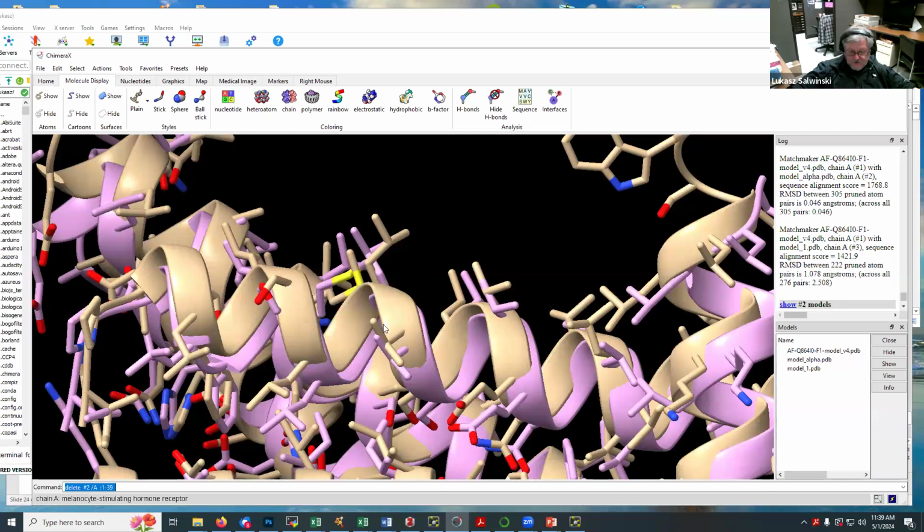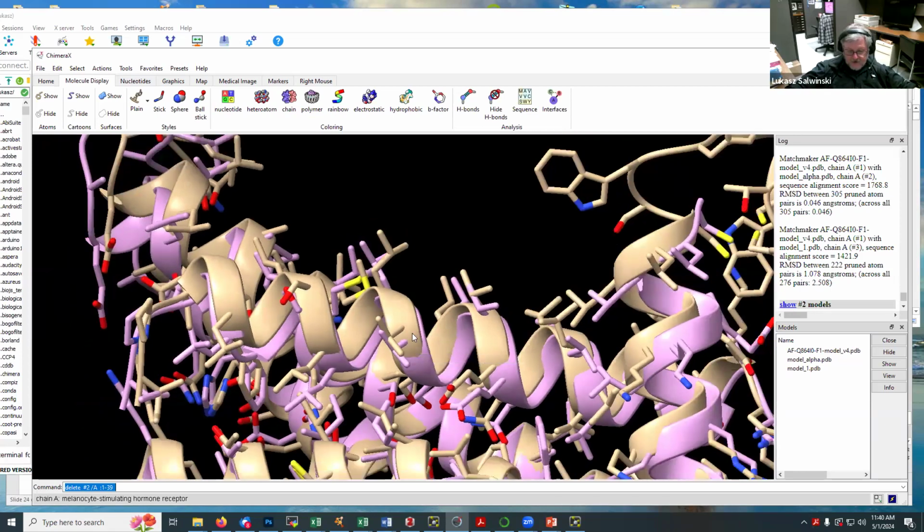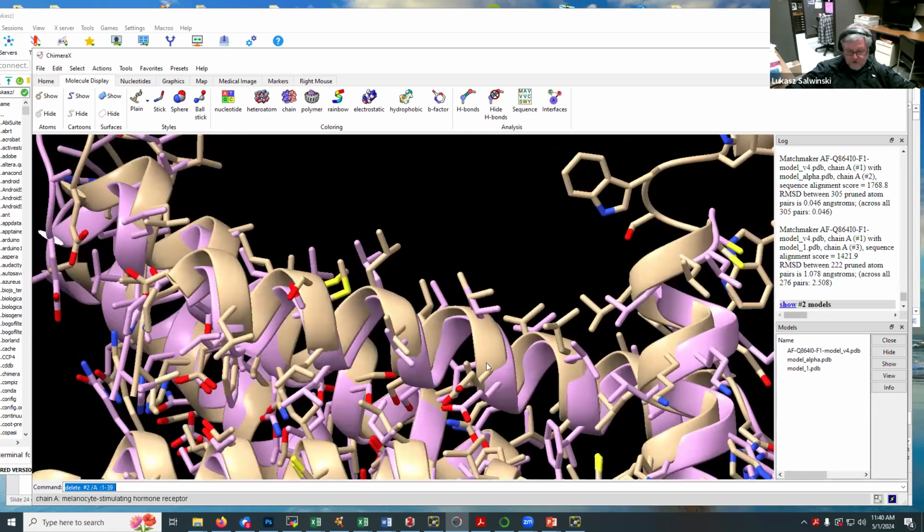The same thing holds for all the residues along the helix. So apparently the alignment that underlied the modeling was correct. The register of the helix is correct. We don't have a position swap shifted by one or two. It seems like this is correct.